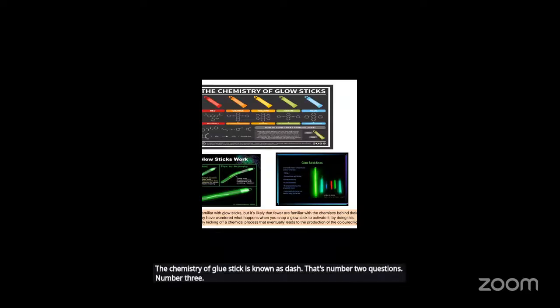The chemistry of glow stick is known as dash. That's number 2 question. Number 3. List the components of glow stick.